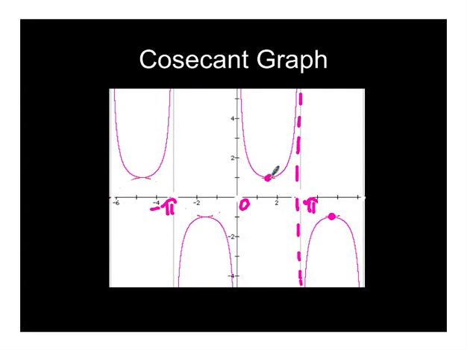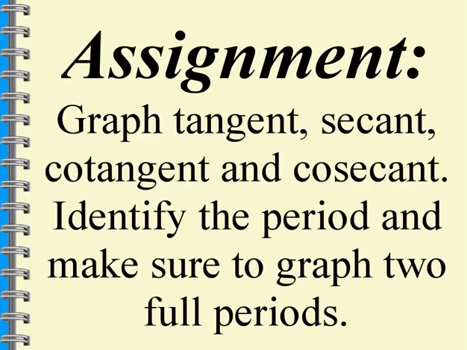Okay, so I need you to know those things. And so your assignment then from this section, and yes, I want this on a separate sheet of paper. I know you probably already got many notes, that's fine. But I need you to graph tangent, secant, cotangent, and cosecant. I need you to identify the period in each, and I need you to make sure that you graph 2 full periods. And that is going to be your assignment for Monday. So like we graph like this? Yep.